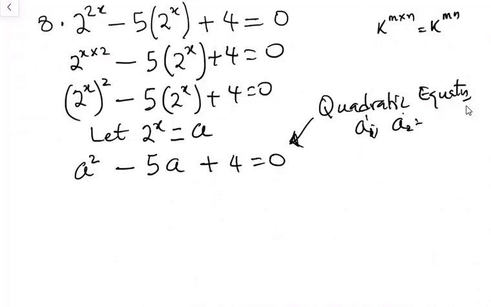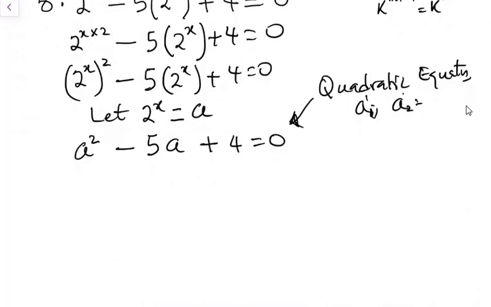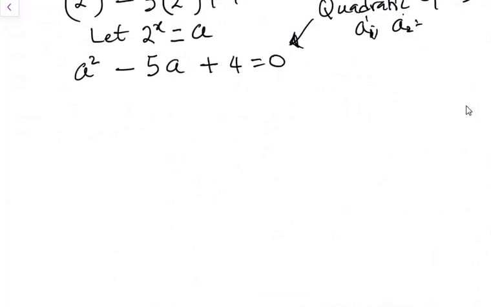So let's solve the quadratic equation. To be able to solve, we need to determine the roots, and I would like to go through a simple approach to solving this. The coefficient before a squared is 1, and the constant here is 4. So 4 times 1 is 4. The question I'll ask myself is, I'm looking at the middle number, this is 5.